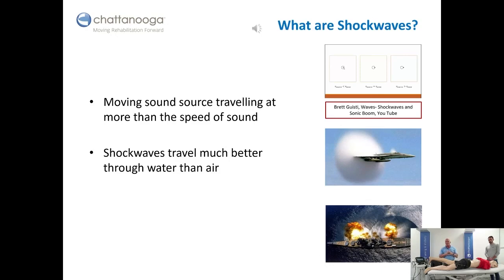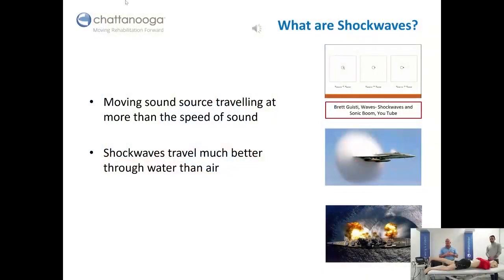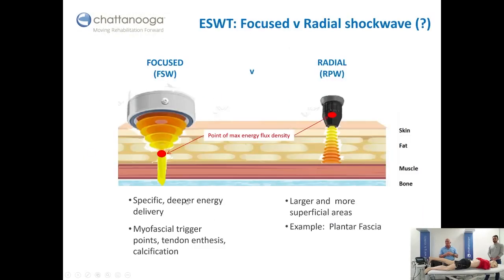And it's this principle that we use for medical interventions. Move on. So there are two types of shockwave at the moment. There are focus shockwave and radial shockwave.